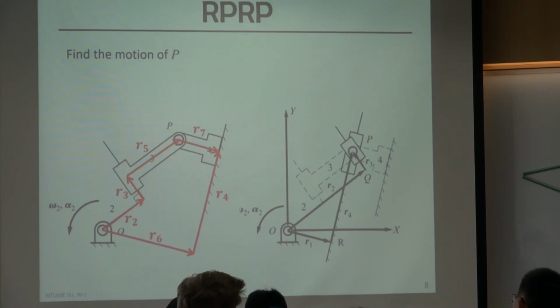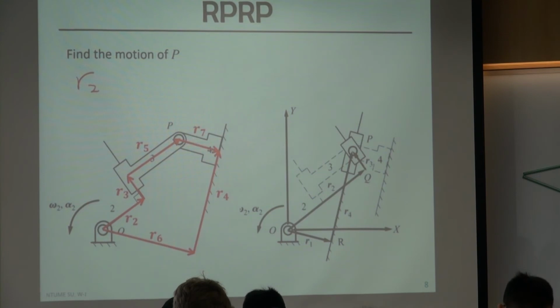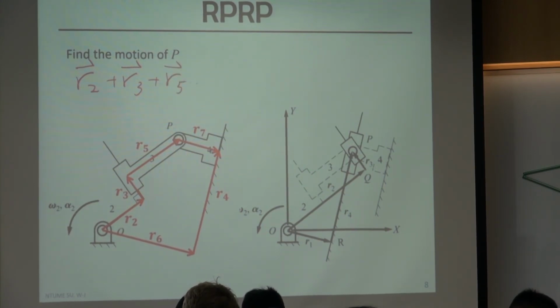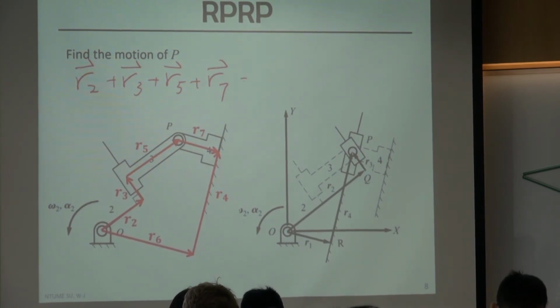Once we have this vector loop, we can just write the equation. R2 plus R3 plus R5 plus R7 equals R6 plus R4.